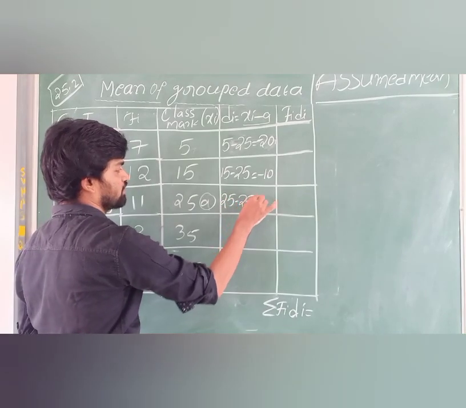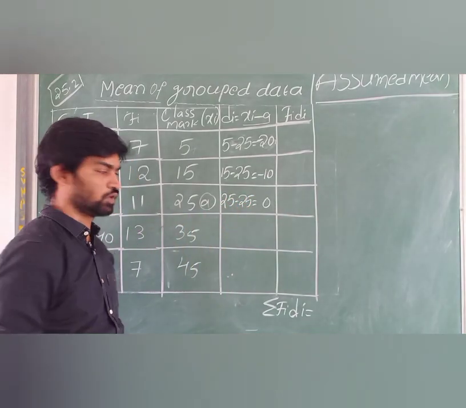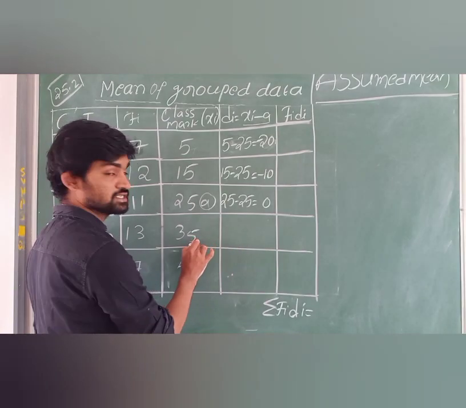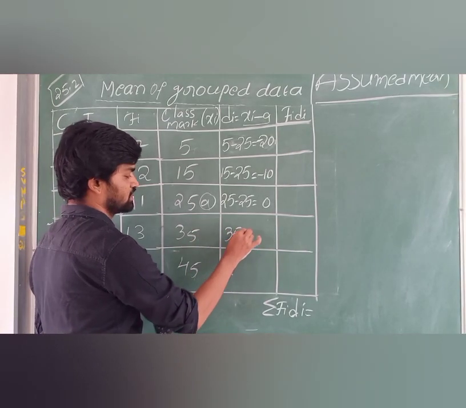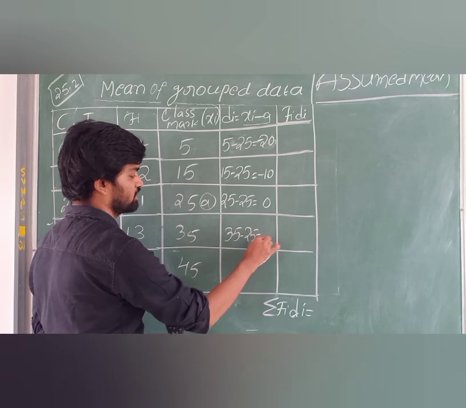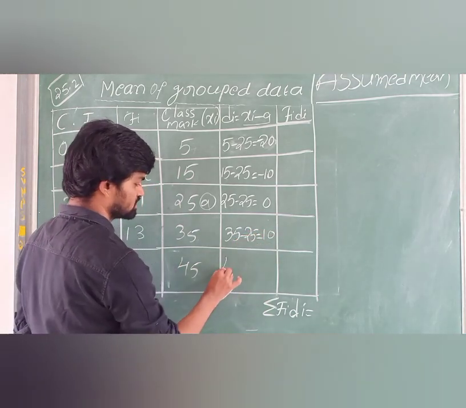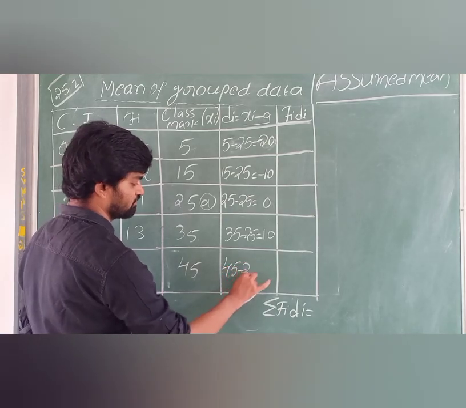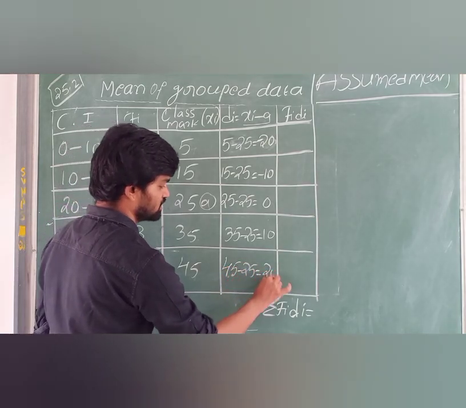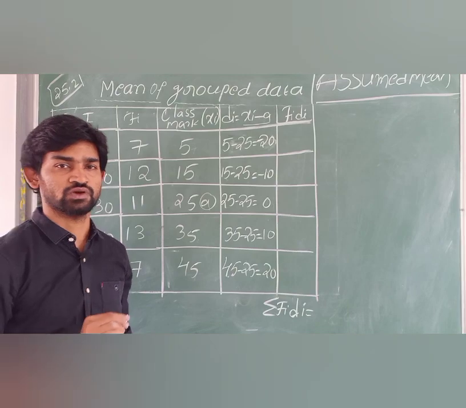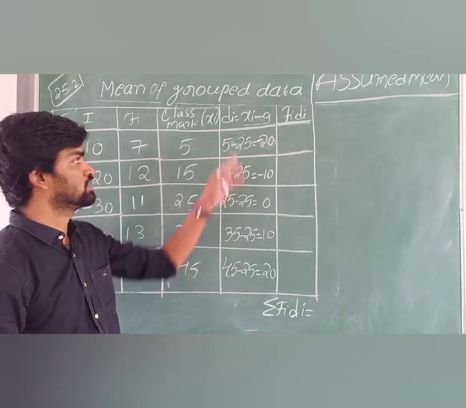25 minus 25 is 0. Next, xi is 35. 35 minus 25 is 10. Next, 45 minus 25 is 20. Okay, so this is our di column.